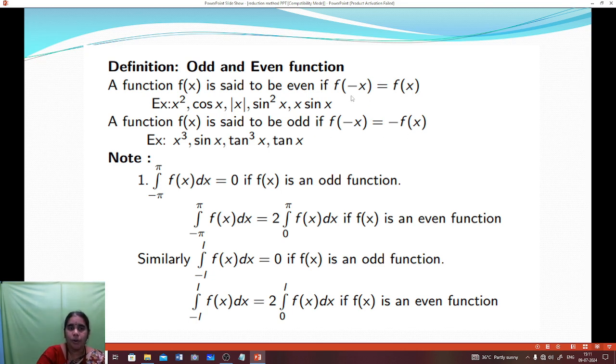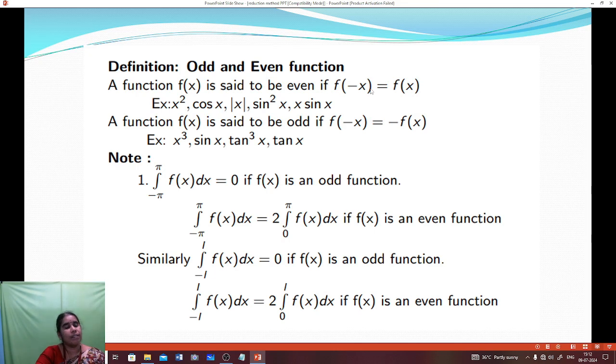It means on replacing x by minus x, if the function gives the given function itself, if both are the same, then we take it as even. If they are not equal but differ by a minus sign, that is, it takes the value with an additional minus 1, then the function is said to be odd.